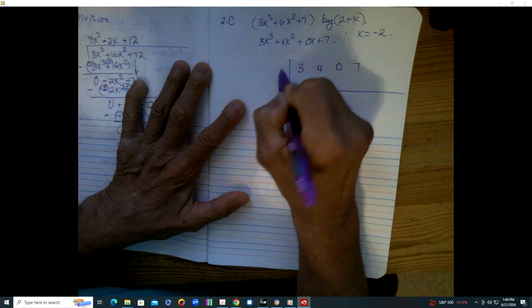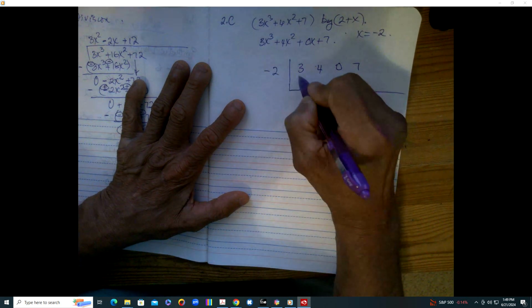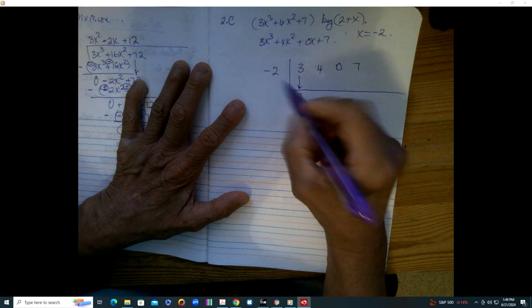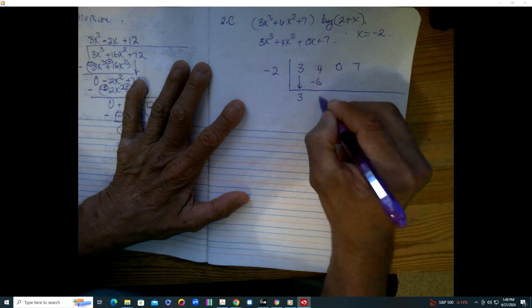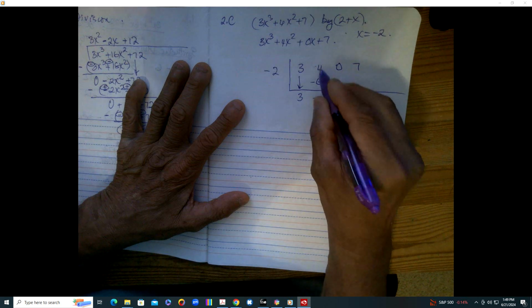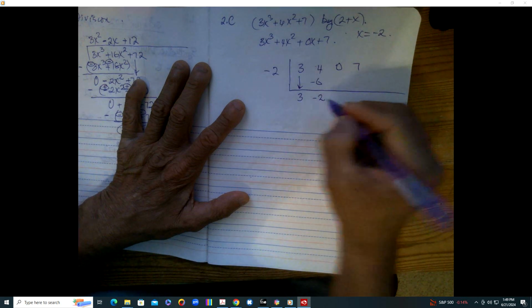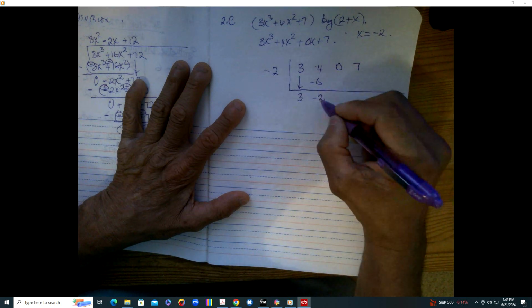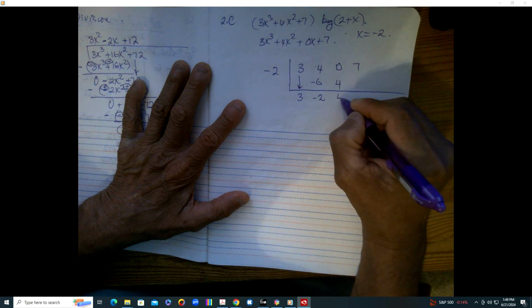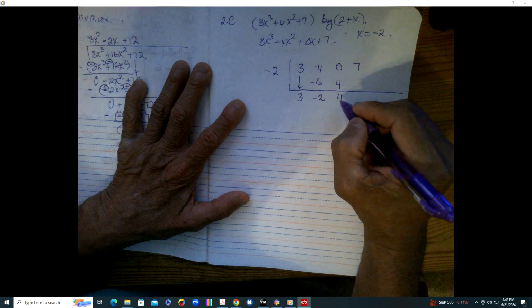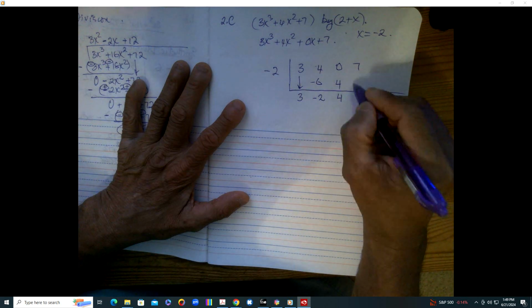And over here we put negative 2. Now we bring the 3 down. So negative 2 times 3 is negative 6. Negative 6 plus 4 is negative 2. And then negative 2 times negative 2 is 4. And then 4. And then negative 2 times 4 is negative 8.